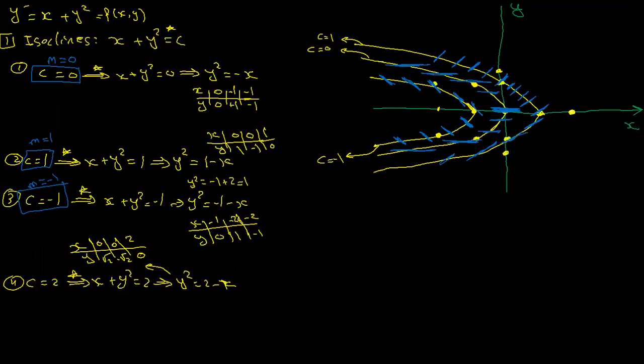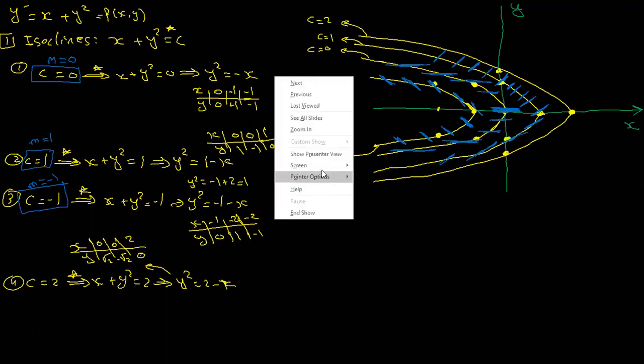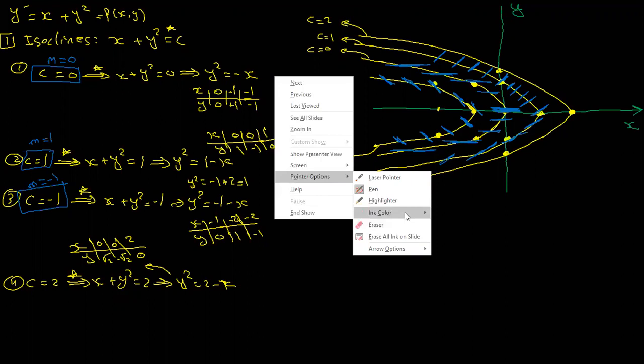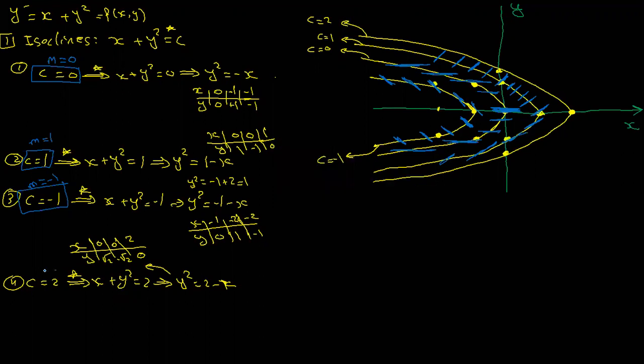Now my new isocline is also a parabola. Go from those points, and also from down, similar to this. Don't forget, this comes from C equal 2. On this isocline, I need to draw the slope field, which is a line segment with slope 2. So my M is 2 now.